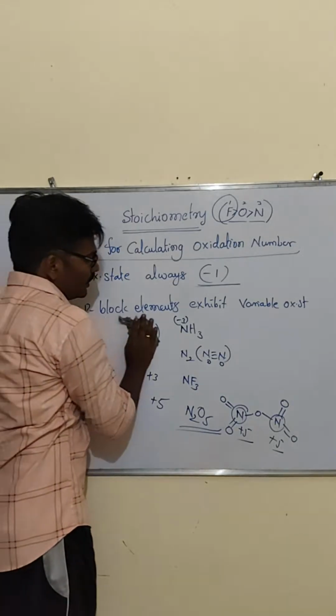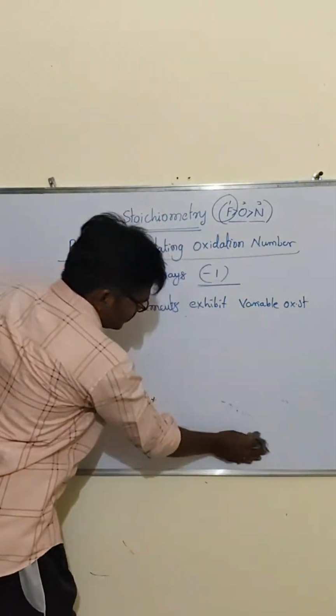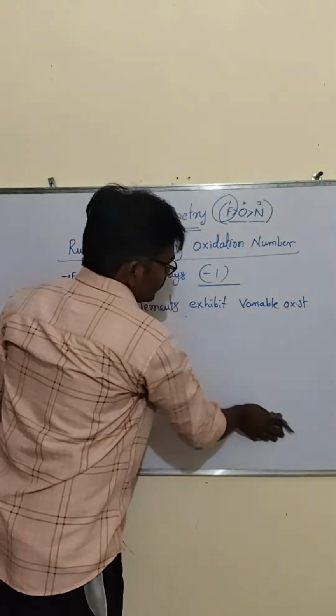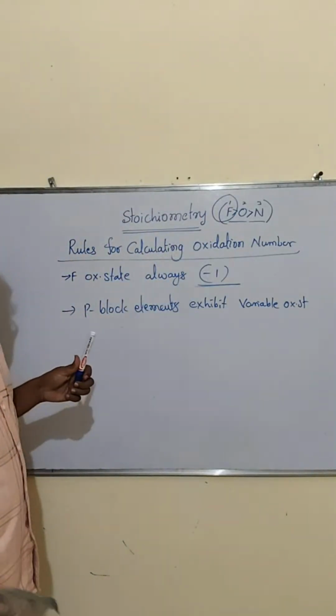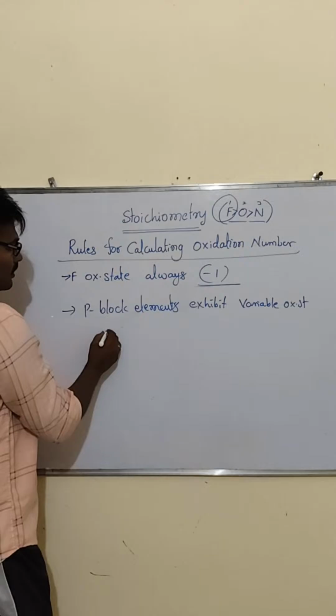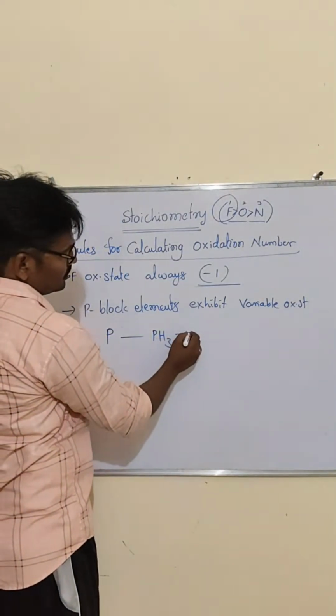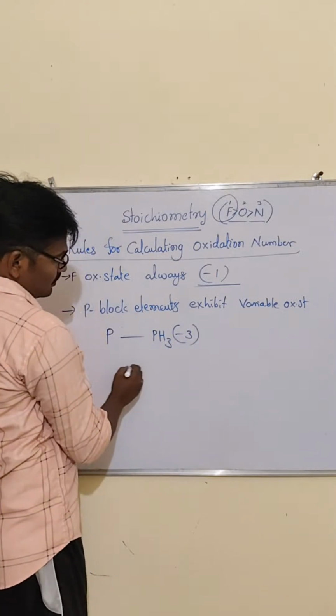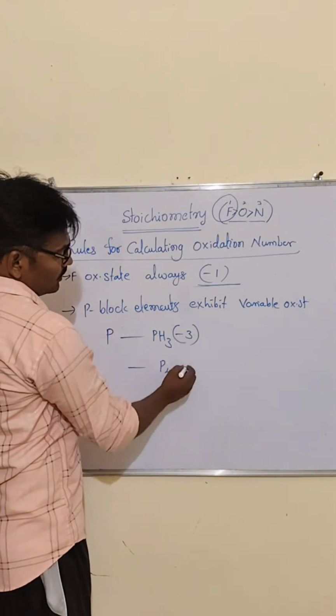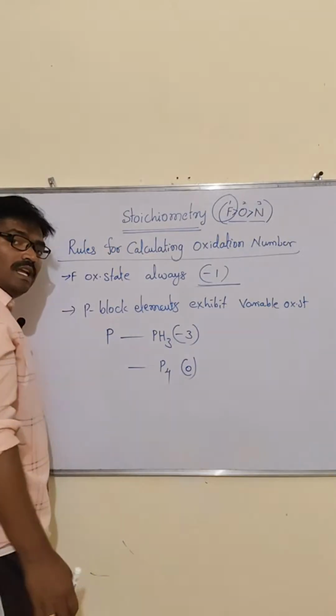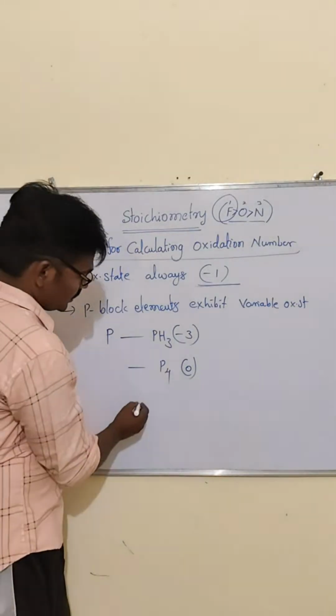Not only nitrogen, if you take phosphorus or chlorine, for example, phosphorus can exhibit -3 oxidation state in the PH3 molecule, then in the P4 molecule, 0 oxidation state, because it is an elemental form and its oxidation state is 0.